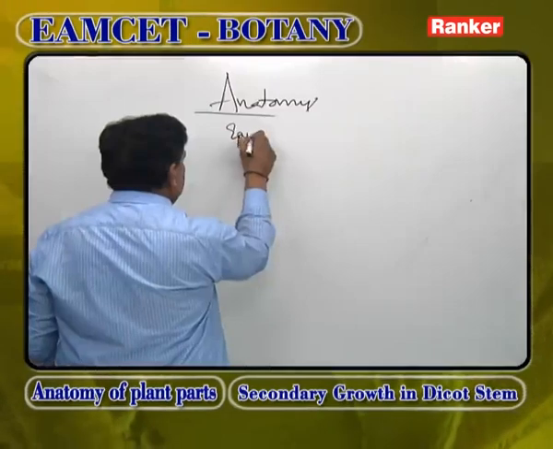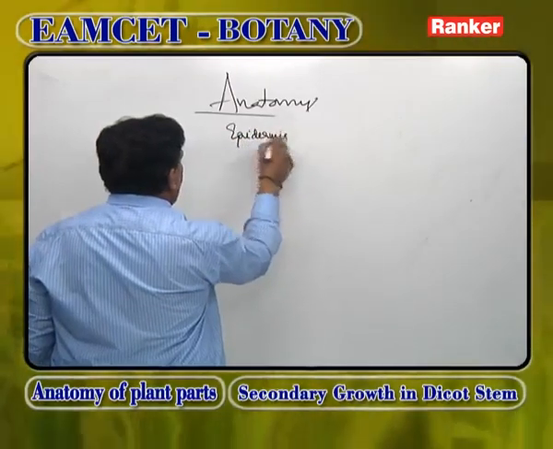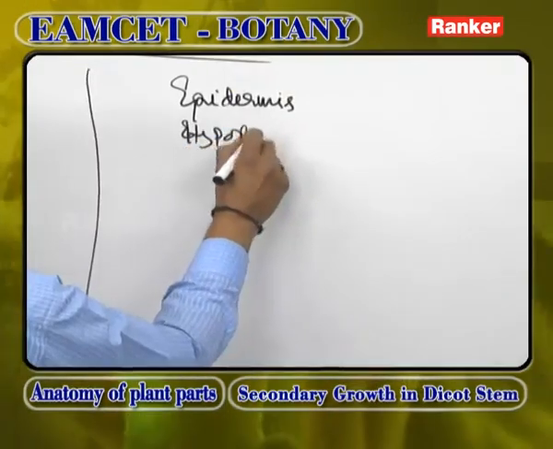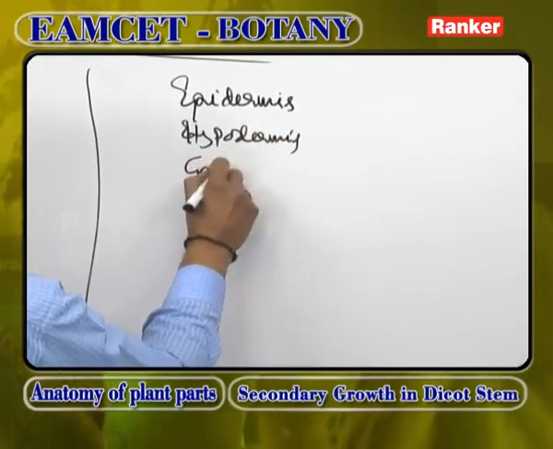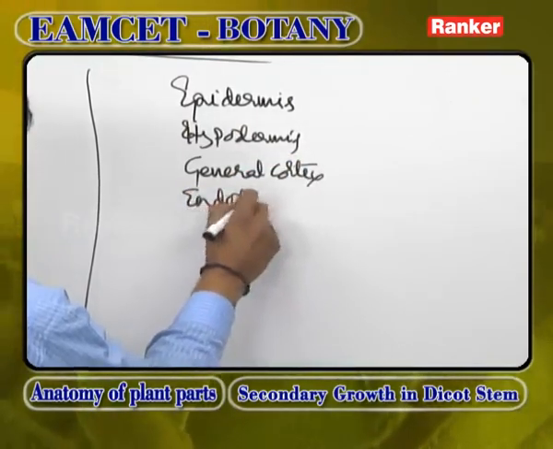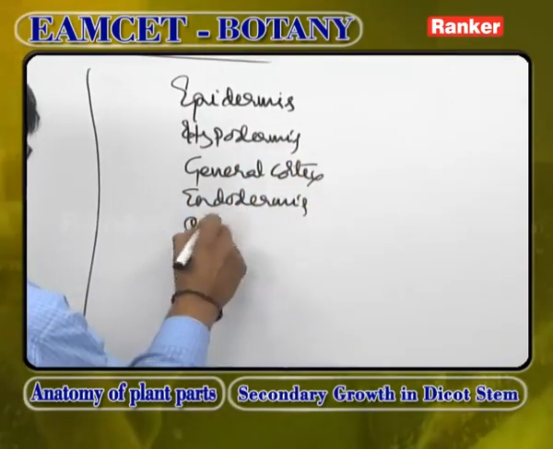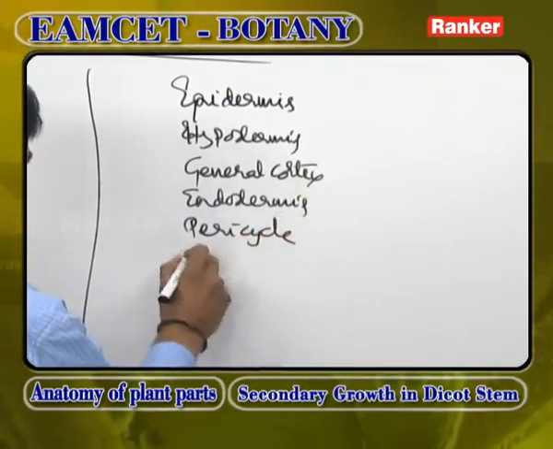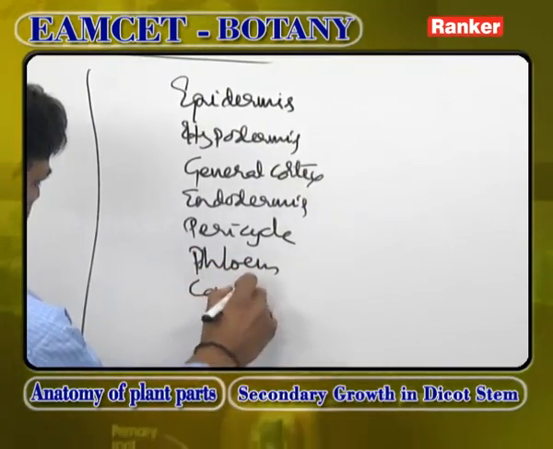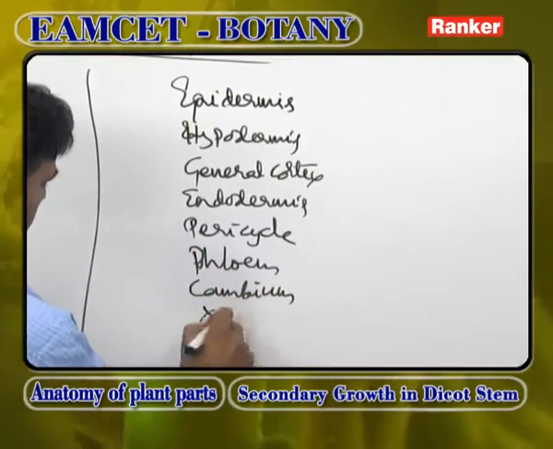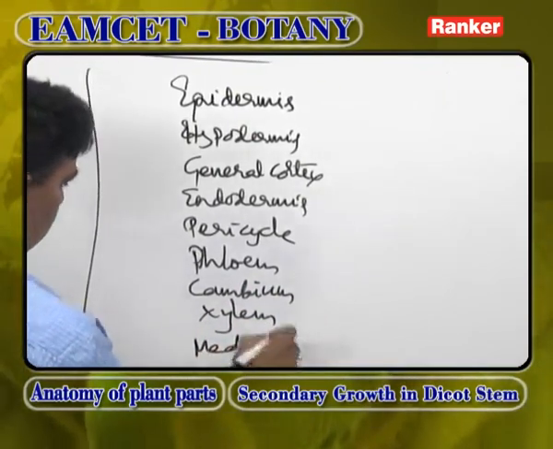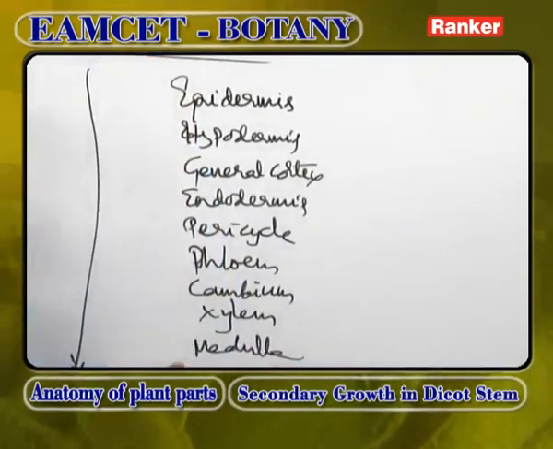So, first epidermis, it is centripetal from top to bottom, then hypodermis, then general cortex, then endodermis, then pericycle, then phloem, then cambium, then xylem, last medulla. So, this is from top to bottom, centripetal.